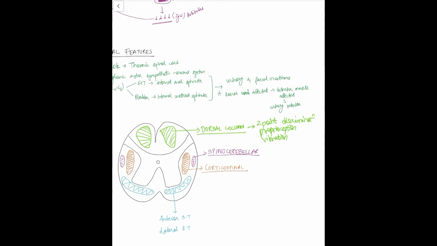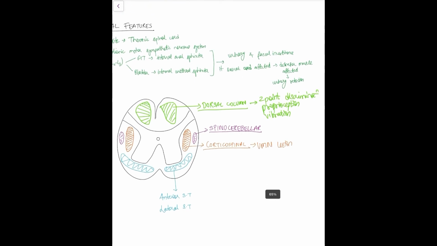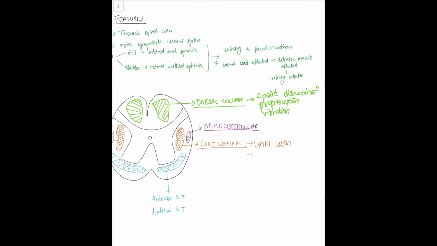Next, this is the lateral corticospinal tract. If there is a lesion in the lateral corticospinal tract, what kind of clinical features will you get? You will get upper motor neuron lesion type of clinical features, which will include spastic weakness, increase in the tone, exaggerated deep tendon reflexes, and a positive Babinski sign.